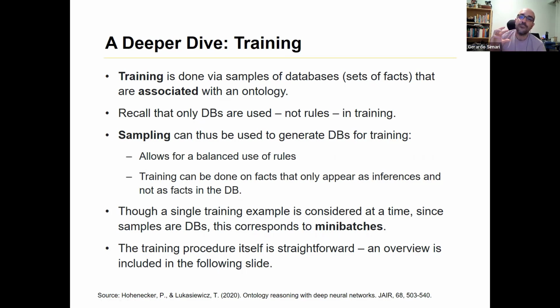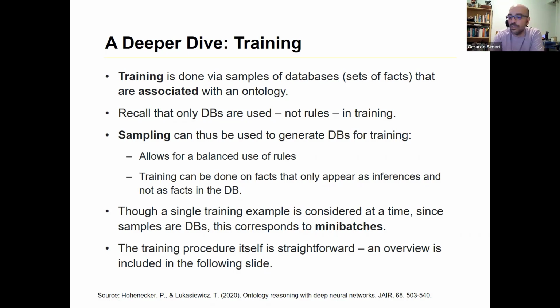So your training data can be considered to be a manifestation of the rules that they must obey. Okay, so only the DBs are used, not the rules in the training process. And I also briefly mentioned this: if you don't have any data, you can just use the rules to sample, to generate DBs for training.